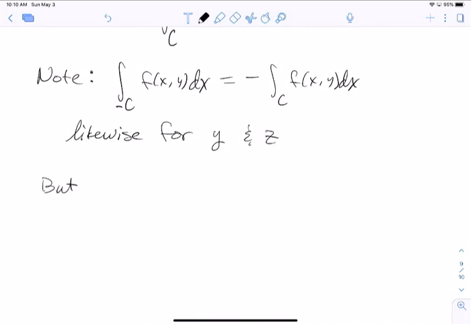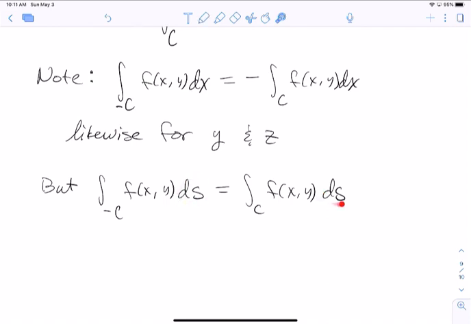But reversing the orientation of C for a line integral with respect to arc length, so f of x, y ds, has no effect on the sign of the output because ds is defined to be something with a square root.